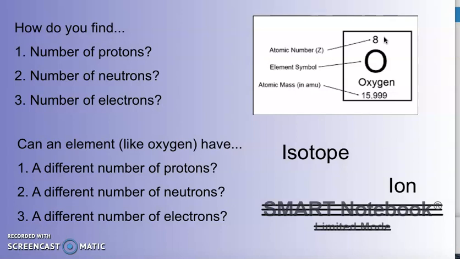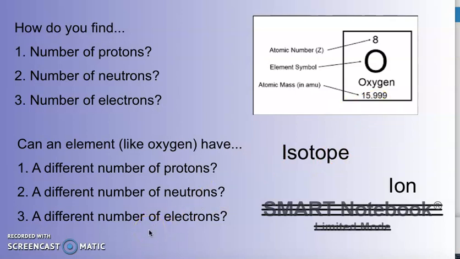Can it have a different number of neutrons? Yes, that's why the number is not an even number. When you have an element that has a different number of neutrons than its protons, you have an isotope. There are just enough isotopes of oxygen to where that number is not exactly 16.